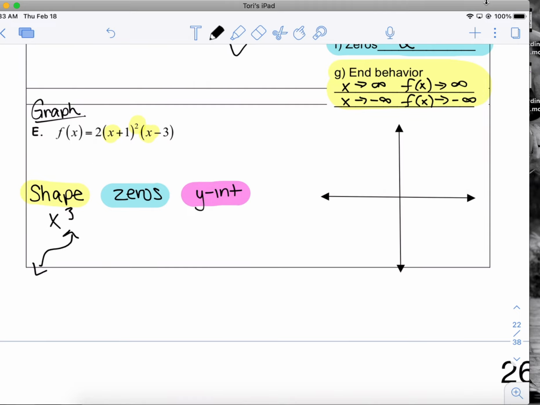Second thing I would want to know is what my zeros are. This is completely factored already. So we have a double root right here at -1, and we also have a regular root at a positive 3.